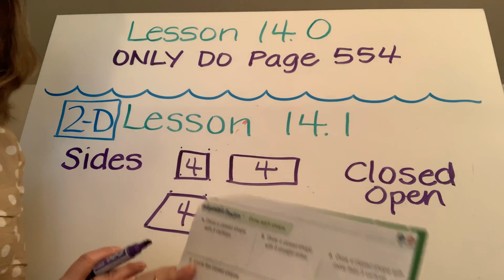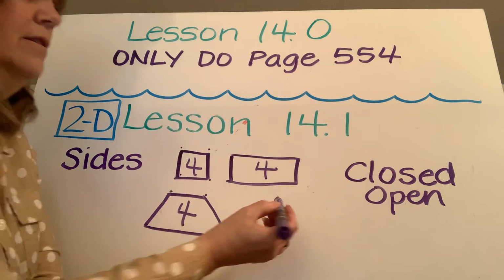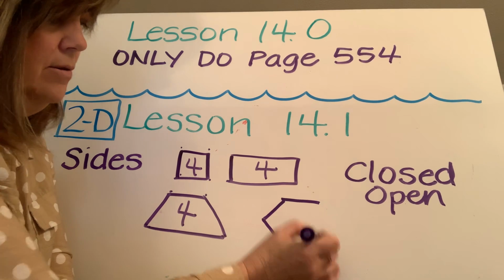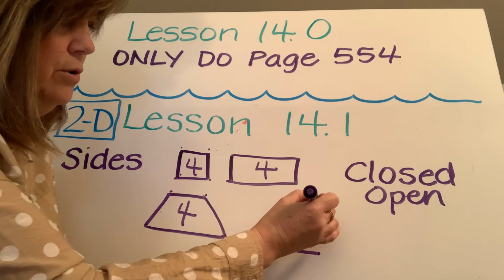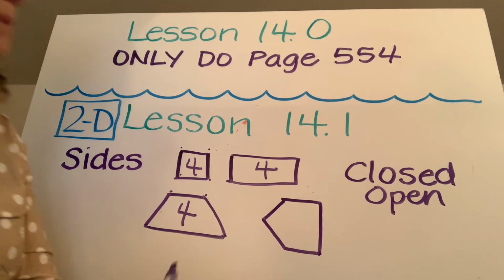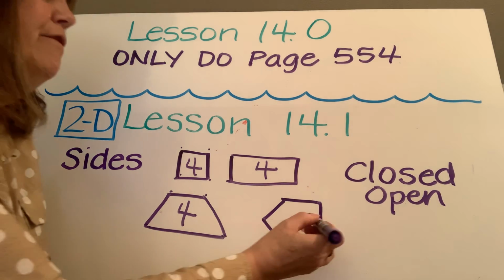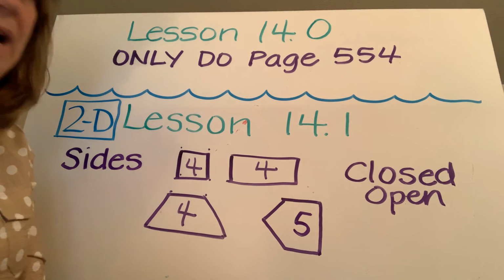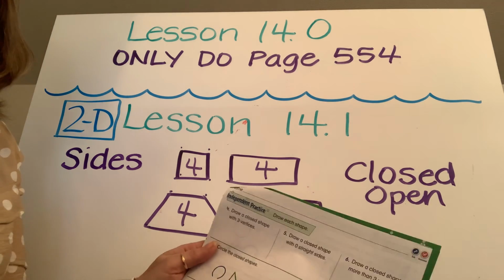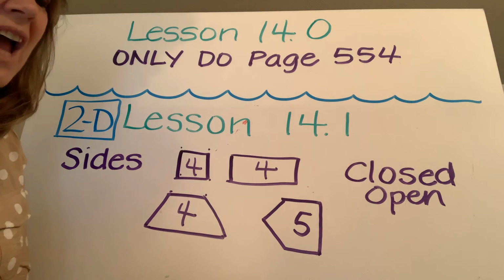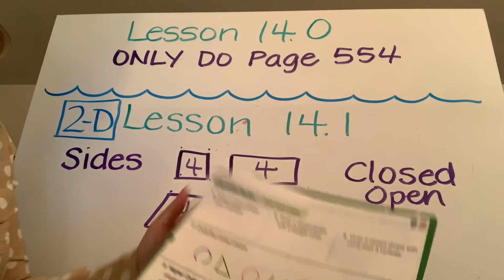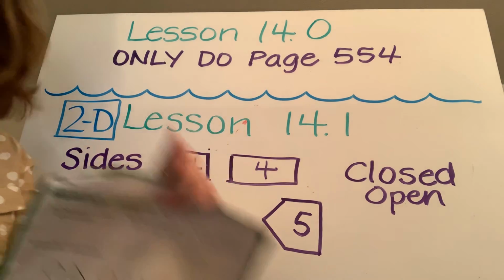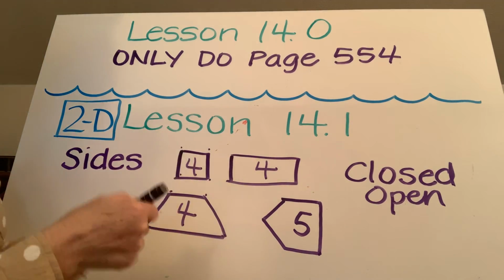Could we have a 5? One, 2, 3, 4. Ooh, I didn't make that one very good, but what would be a 5-sided? Pentagon. Good job. And a 6 is a hexagon. Can I have a 2-sided object? Nope. Because no way.